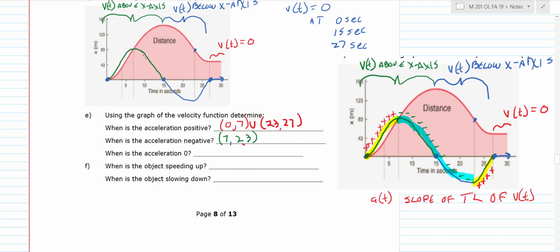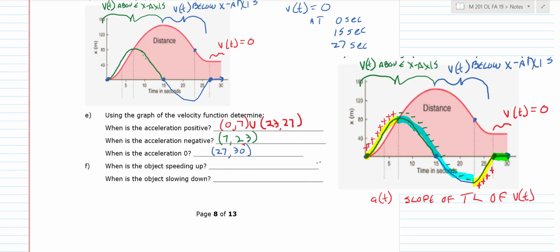So what do you look for then? Well, of course, you look for where the slope of the tangent line on the velocity is 0. So that looks like from 27 seconds to 30 seconds, there's 0 acceleration. That would be constant velocity. And if the velocity is 0 right there, then that, of course, would mean that the object's not moving.